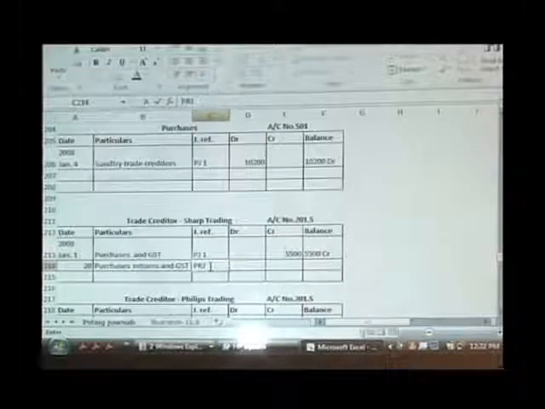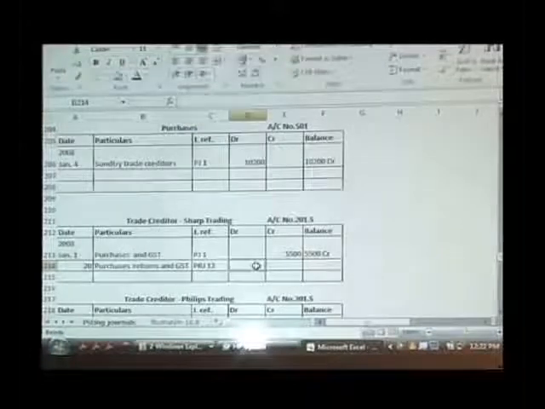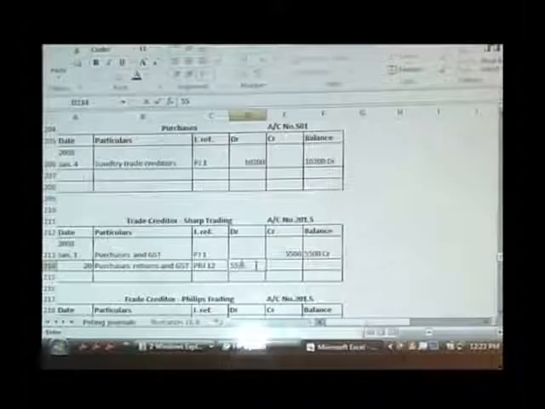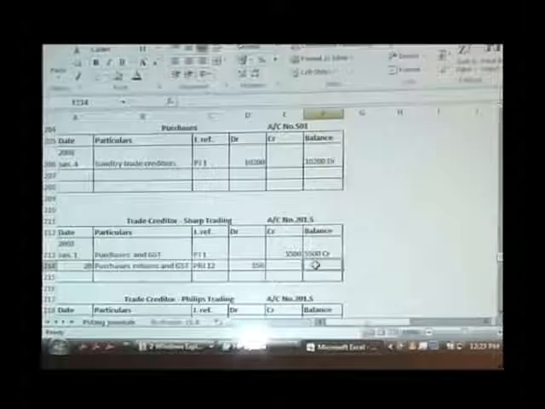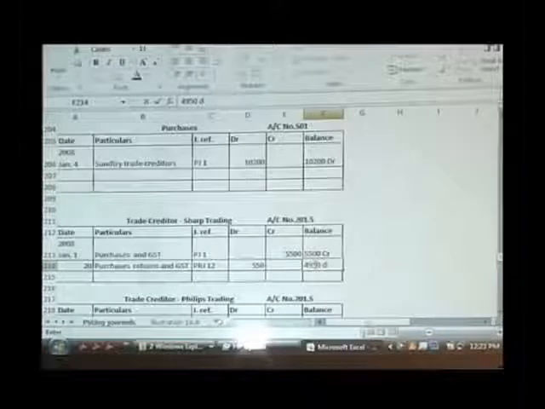PRJ, page number 12, as shown in the purchases returns journal. Debit the amount, then balance will be 4,950, still a credit balance.